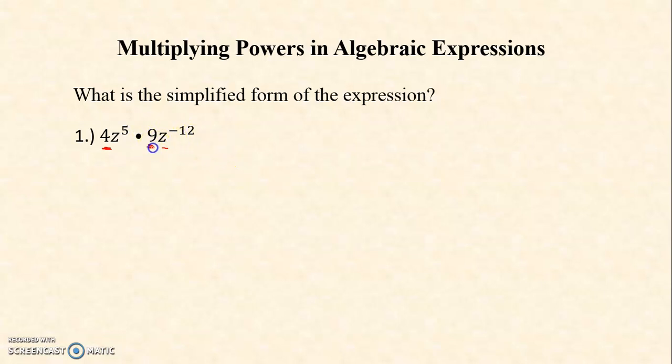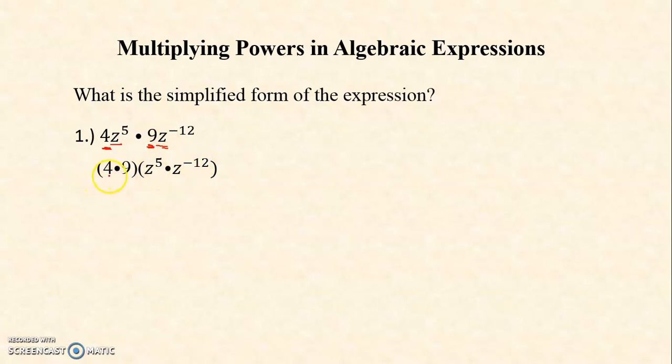Of course, we're going to concentrate first on the coefficients. We're going to multiply 4 and 9. So 4 times 9. And then concentrate on the variables. z raised to 5 multiplied by z raised to negative 12.